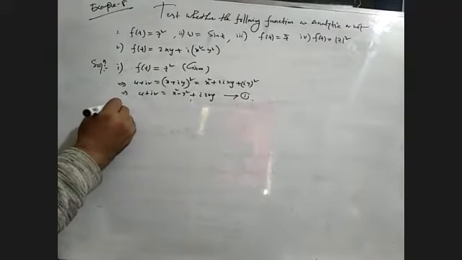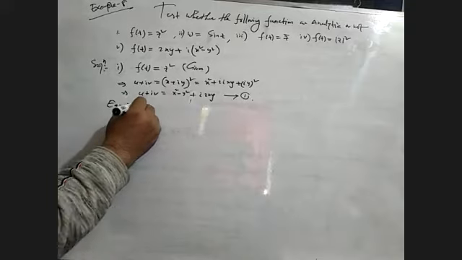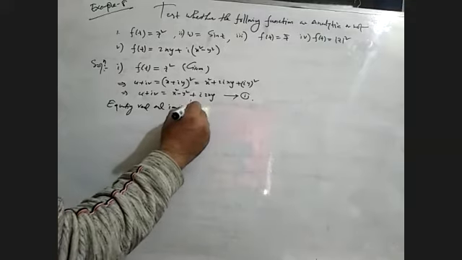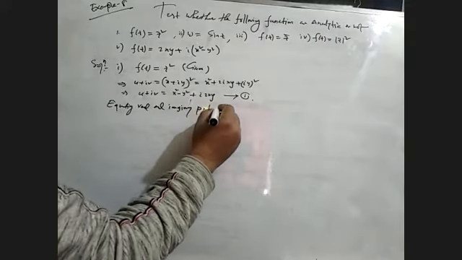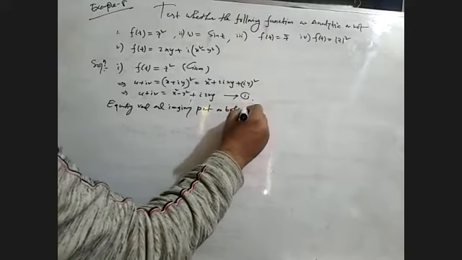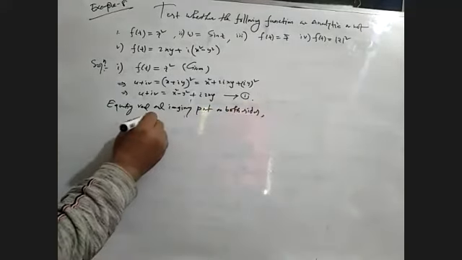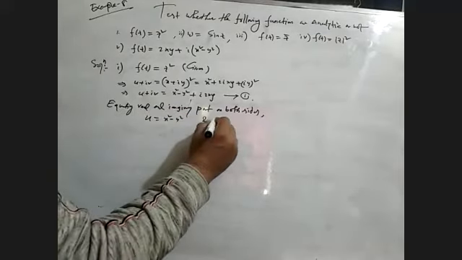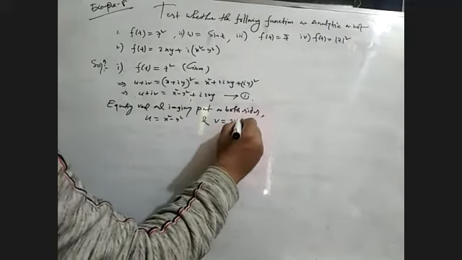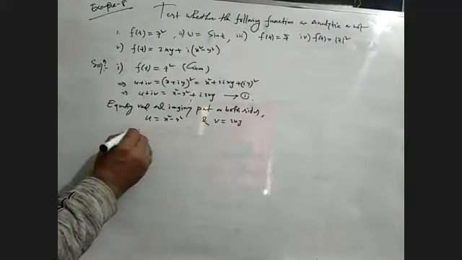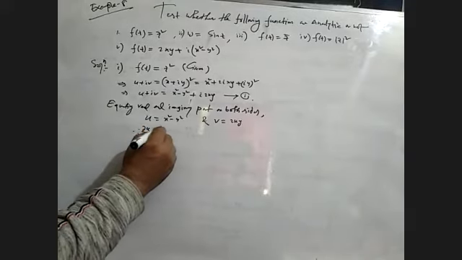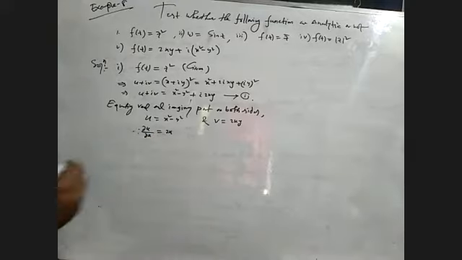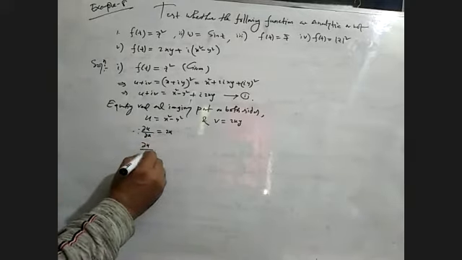Now equating real and imaginary parts on both sides. So u equals what will be? The real part, x square minus y square, and v equals twice xy, right? Now partial derivative del u by del x, what will be? Twice x. And partial derivative of u with respect to y, what will be?